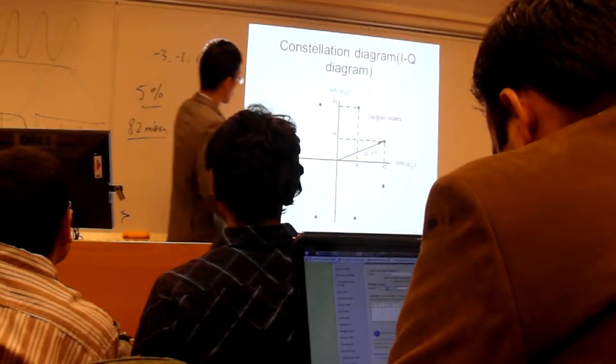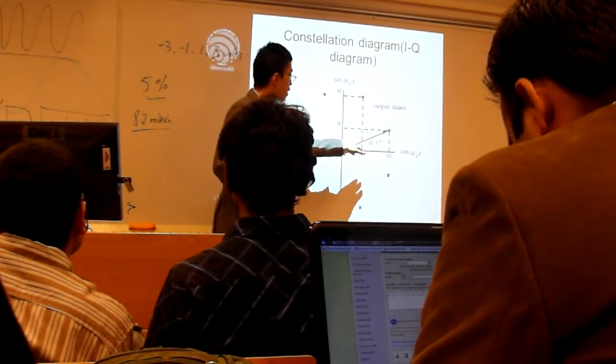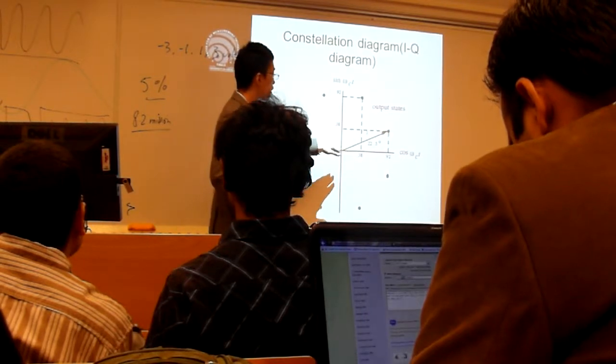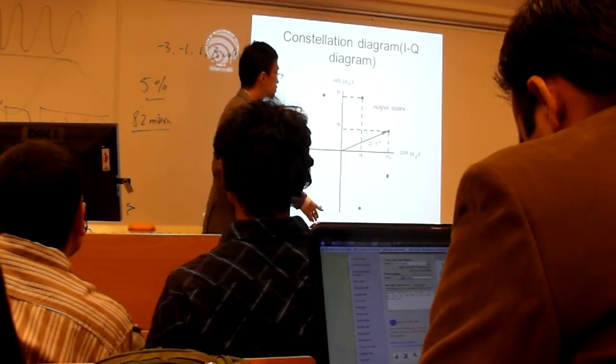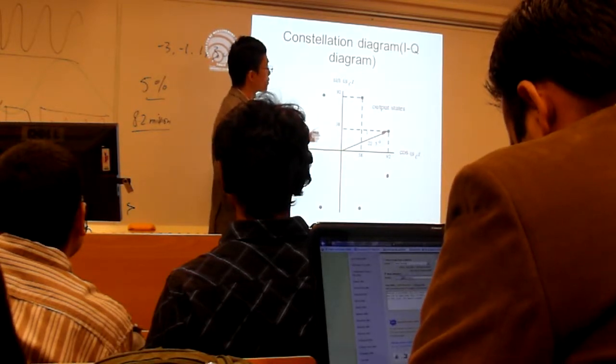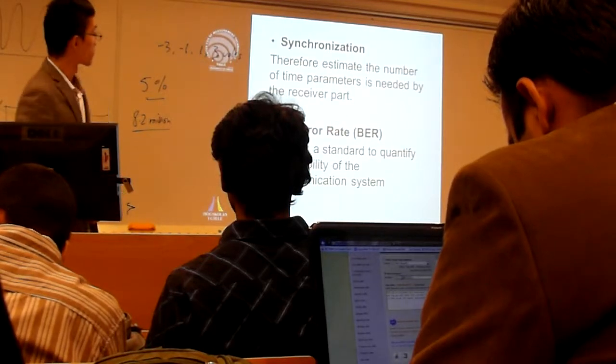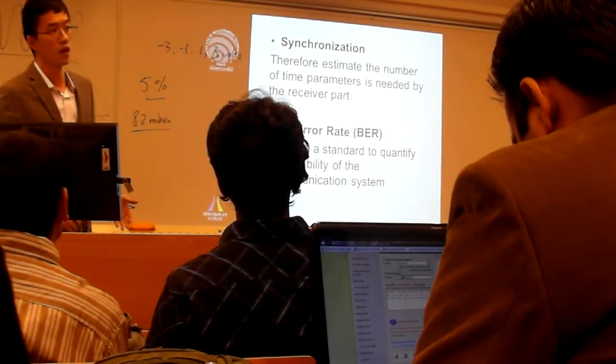In the x dimension, it extracts the cosine part of the signal, which is the real part, and in the y dimension, it expresses the sine part of the signal, which is the imaginary part.